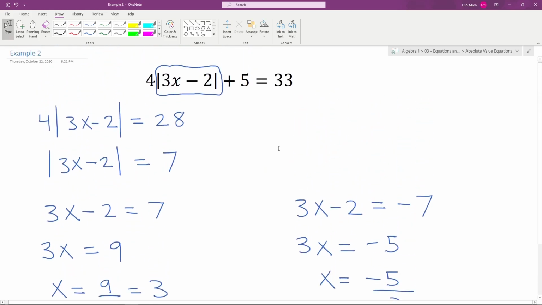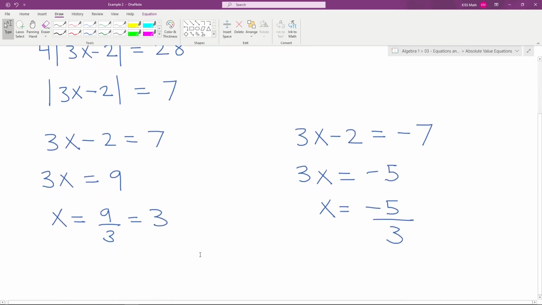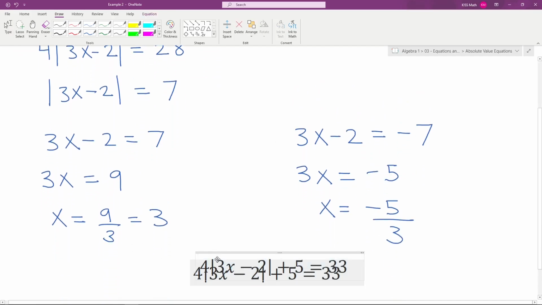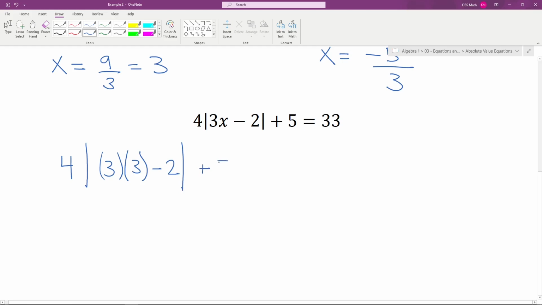And if I go back up here, what I need to do is check both of these to make sure they're valid. So I'll substitute in 3 first and see what happens here. So 4 times the absolute value of 3 times x, where x equals 3, minus 2, plus 5 equals 33, and then we just evaluate.